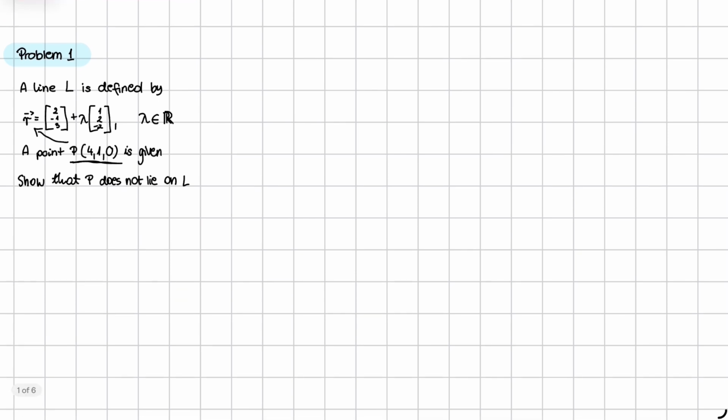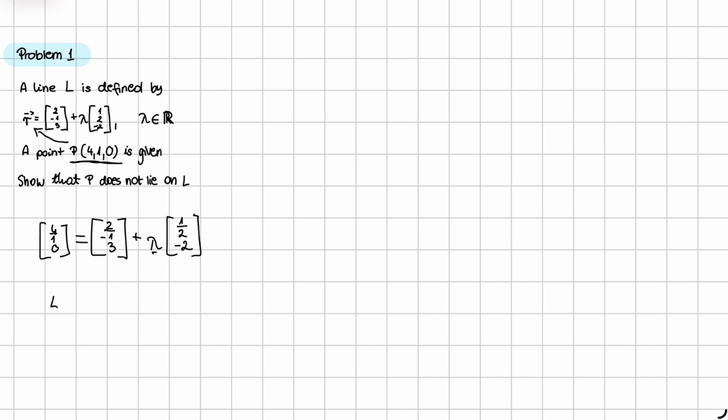So 4, 1, 0 equals 2, minus 1, 3 plus lambda 1, 2, minus 2. So we know that the first coordinate is x coordinate.